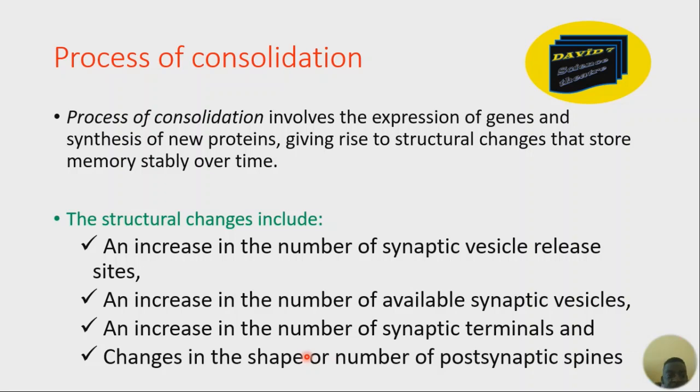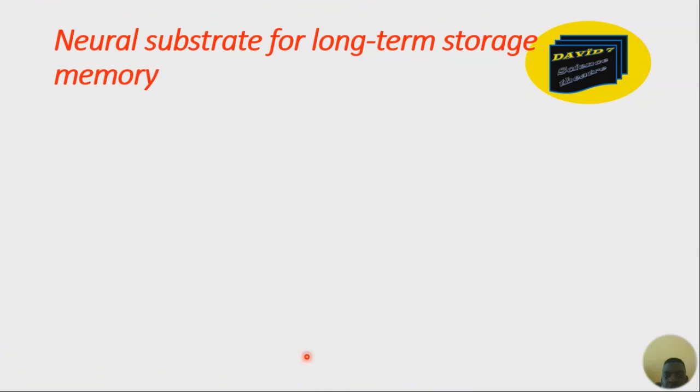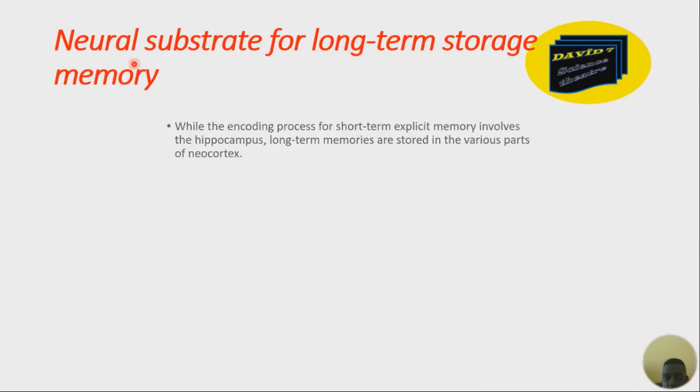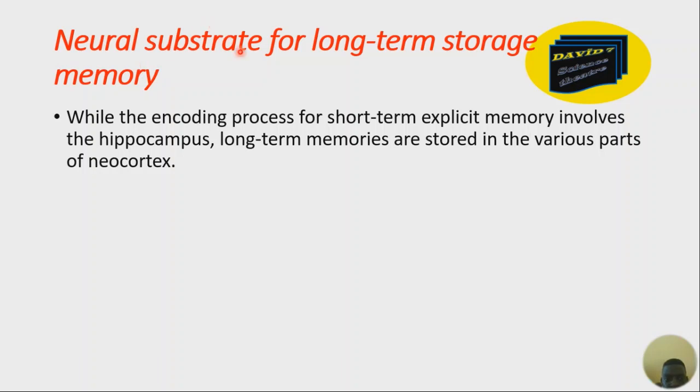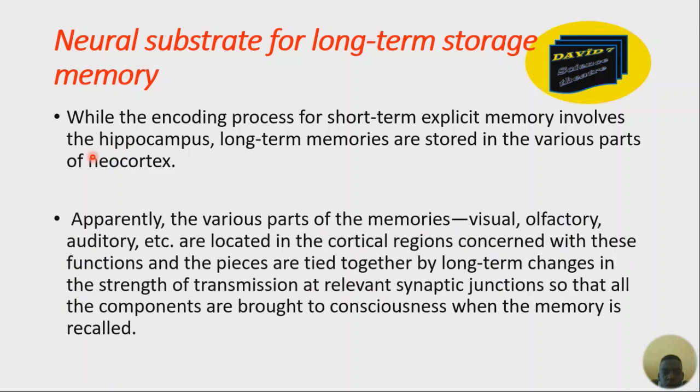These favor consolidation. And the neural substrate for long-term storage: while the encoding process for short-term memory involves the hippocampus, long-term memories are stored in the various parts of the neocortex. Apparently, the various parts of memories, call it visual, olfactory, auditory, etc., are located in the cortical regions concerned with these functions.